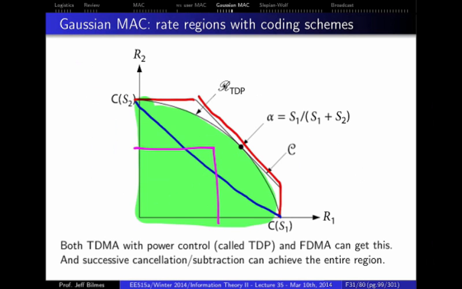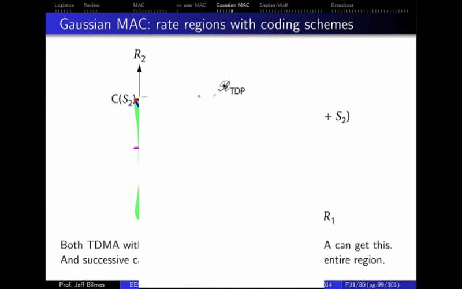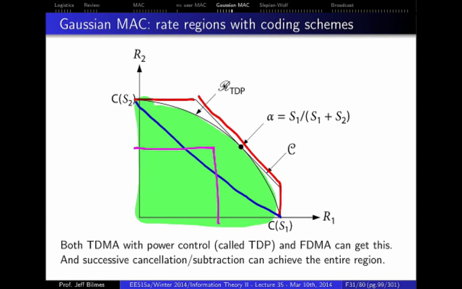So on this other figure, we can get either this point here, or this point here, or anywhere in between. So we can do better than the TDMA with power control. It's successive decoding.